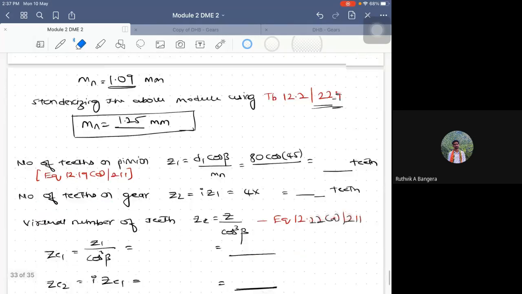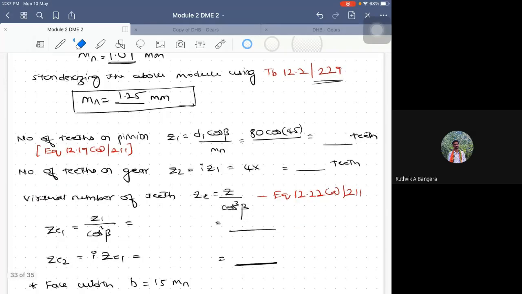Before that, calculate the number of teeth on the pinion because you have assumed it initially, no? For that, you can take equation number 12.19d from page number 211, where it says Z is equal to d cos beta divided by mn, given with respect to a common gear.